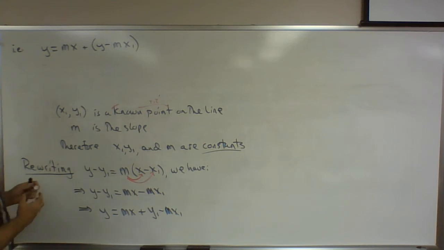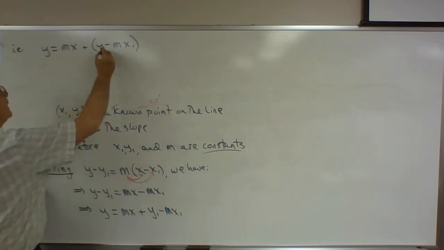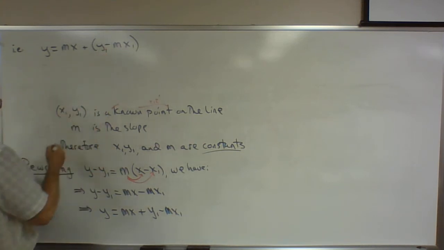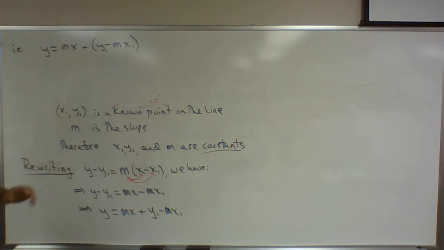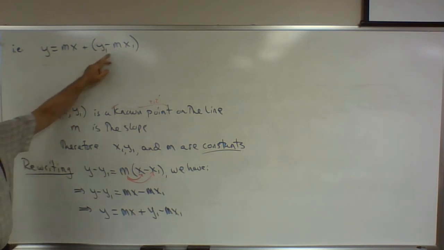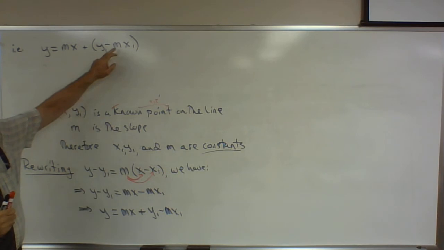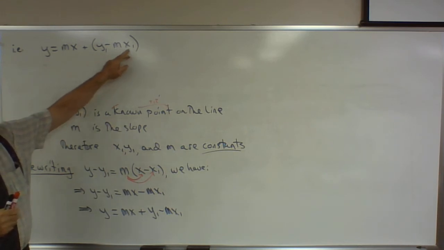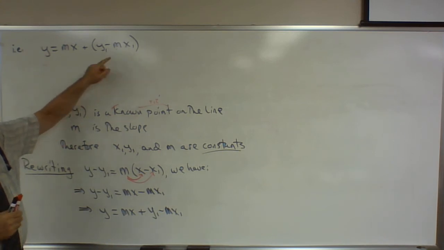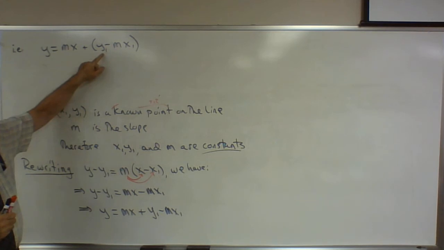Now, the interesting thing about what's in the parentheses is that m is a constant and x1 is a constant. So we have constant times constant is constant. y1 is a constant.